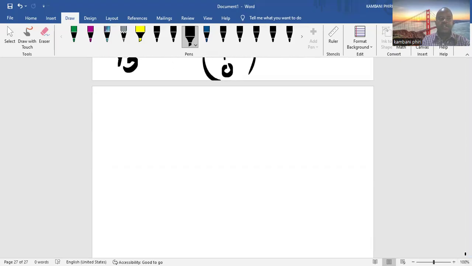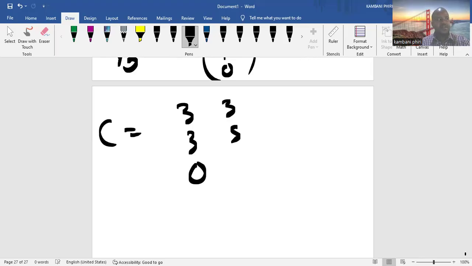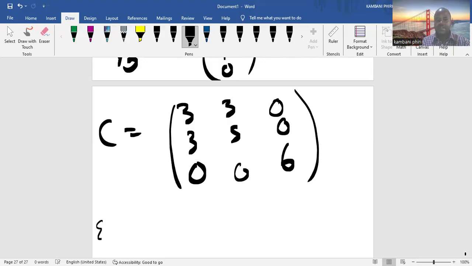Then on your own, you can try now to find the eigenvalues and eigenvectors of this matrix: 3, 3, 0, 3, 5, 0, 0, 0, 6. But the eigenvectors, when you are done, they may come out to be like this that I found.